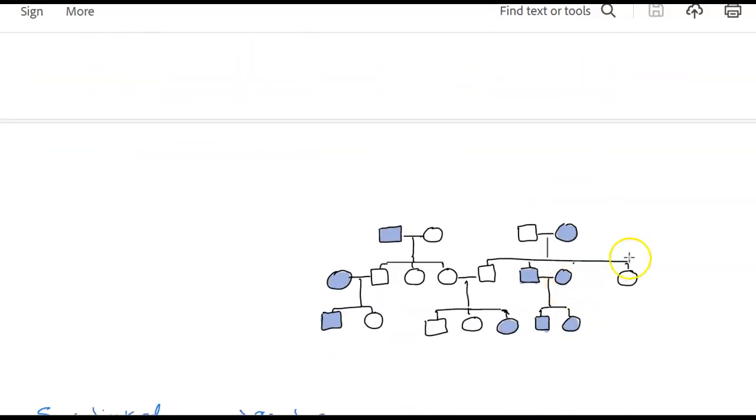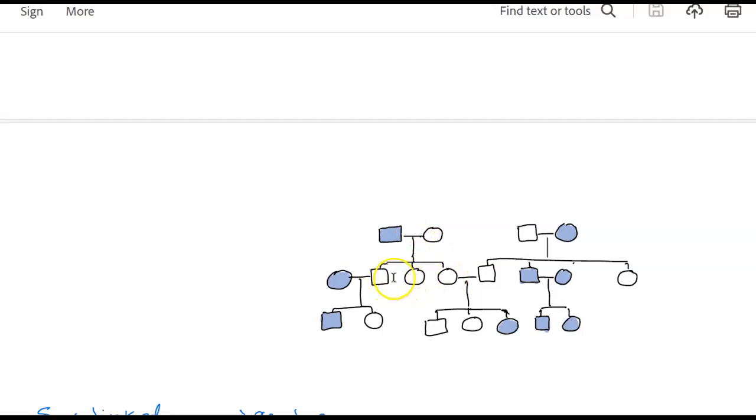Here's another one. It's basically the same form, though this is still autosomal recessive. In this case, we're starting with parents in that first generation that are affected by whatever that disorder is. So this father is, and this mother is. And now we can watch how that can be passed to their offspring.